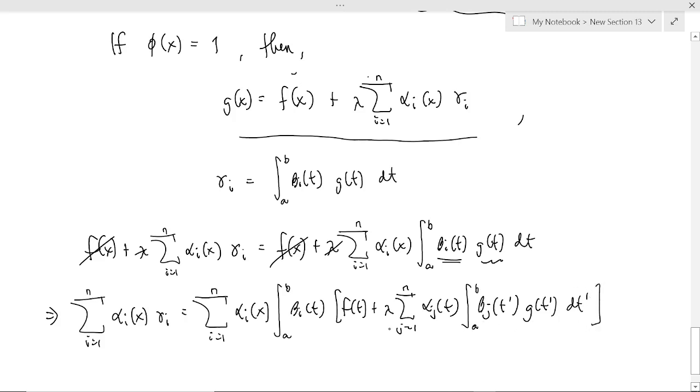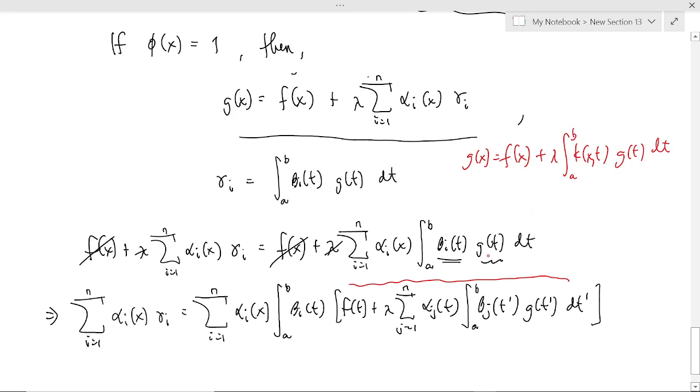Now if you are curious how we come up with this equation, particularly this one, we actually just repeatedly apply the Fredholm equation. As we know, the Fredholm equation has this general form: g of x is equal to f of x plus lambda times the integral of the kernel, but we know that the kernel is just a summation, times g of t dt, evaluated from a to b.